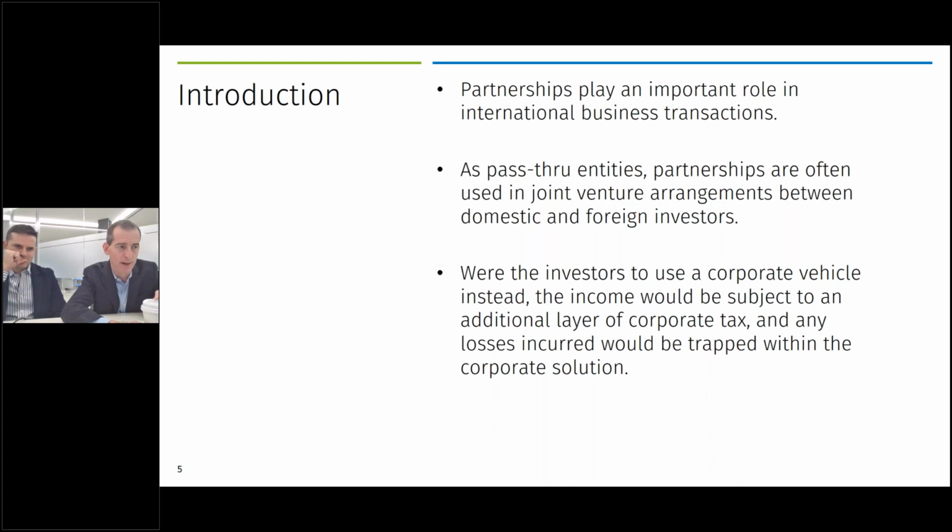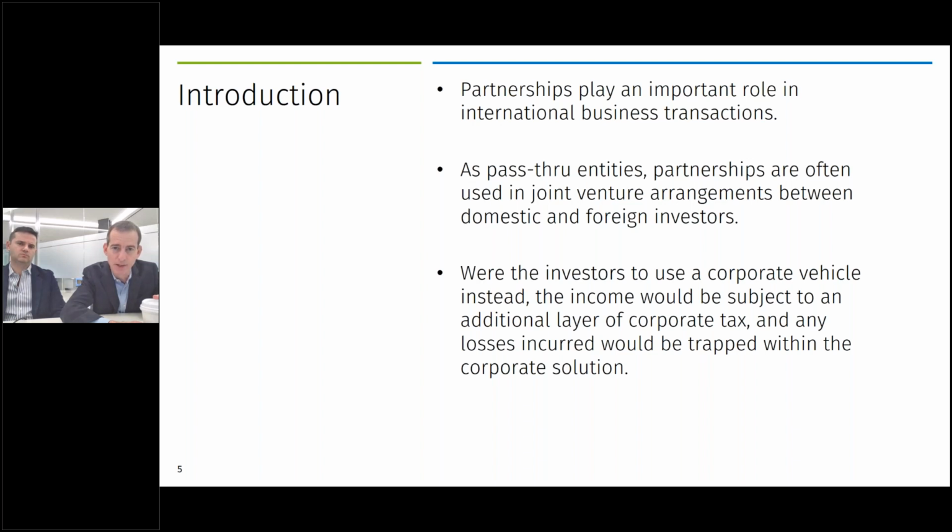I think it's a really important way of doing research, and as far as I know, it's the only international tax treatise in the market that's actually organized that way. So I encourage you to check it out, and hopefully it helps with your international tax research.